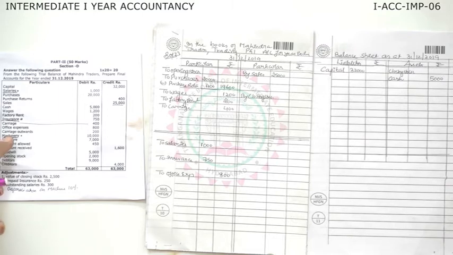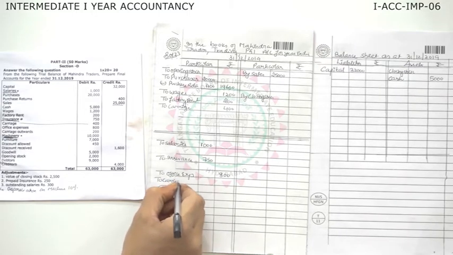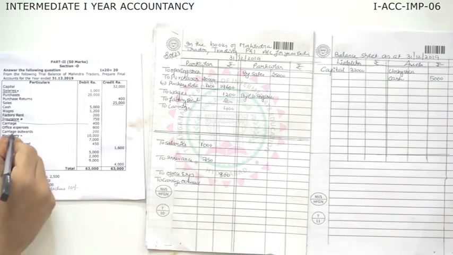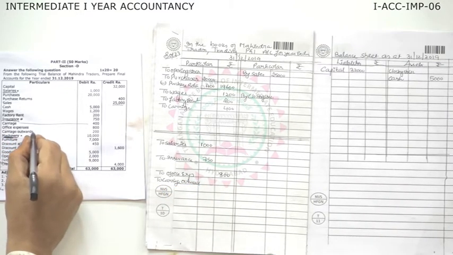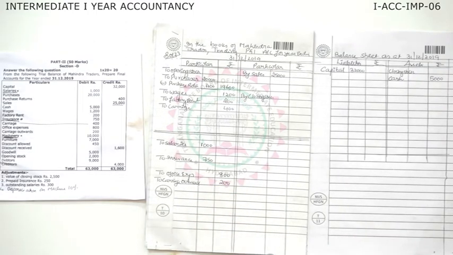Then they gave carriage outward. Carriage outward is also called carriage on sales. It is again an indirect expense, so profit and loss account. No adjustment. The amount is 200. We wrote 200.